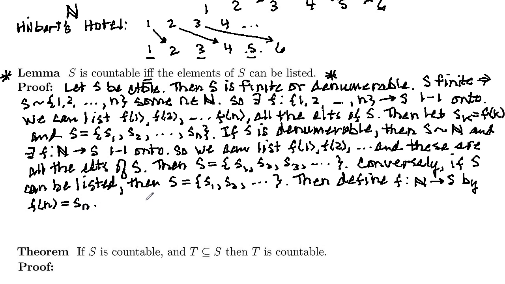Then this is going to be one-to-one and onto by construction. If you start with two different natural numbers, then you get two different elements in the set. 1 is not equal to 2, S1 is not equal to S2. These are distinct elements. And everything in the set gets covered: if you tell me which element you want, S sub 2010, well, it gets paired up with the number 2010. So it's pretty clearly one-to-one and onto by construction. So f is one-to-one and onto by construction.